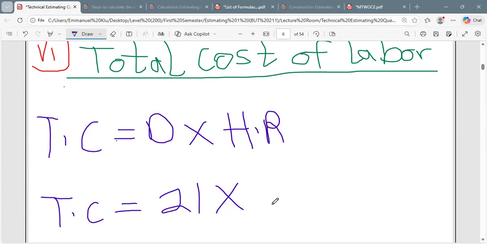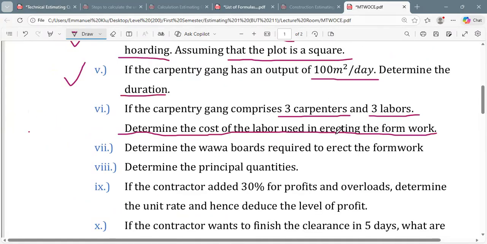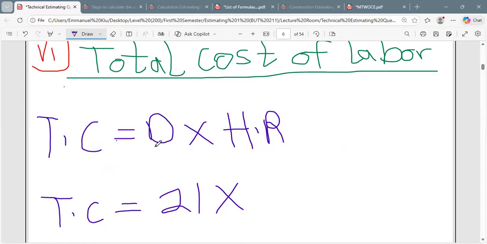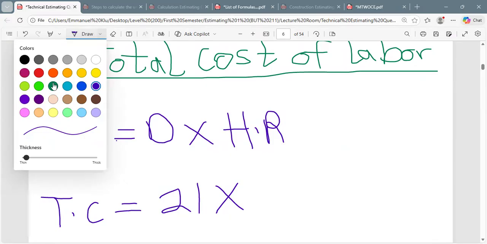And our hire rate over here is unknown, so we have to put a question mark over here.